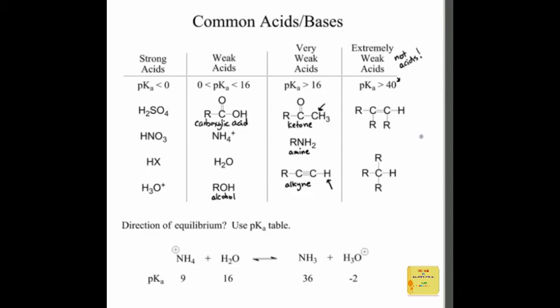So here we have an alkene, is what we call it when we have a carbon-carbon double bond. Any hydrogen on an alkene carbon will never be able to be removed. And the same goes for an ordinary alkane carbon. Putting negative charges on these carbons would be so totally unstable that we're never going to see that.